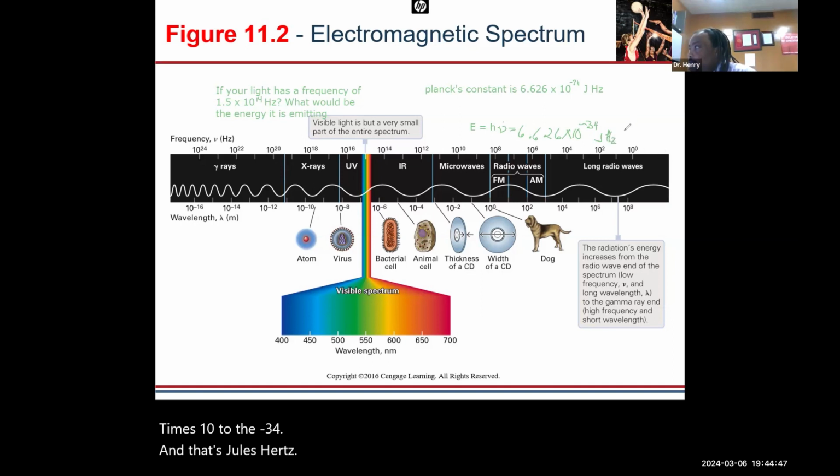And you're going to multiply by the frequency, which is 1.5 times 10 to the 14. Sorry, that should be joules over hertz.